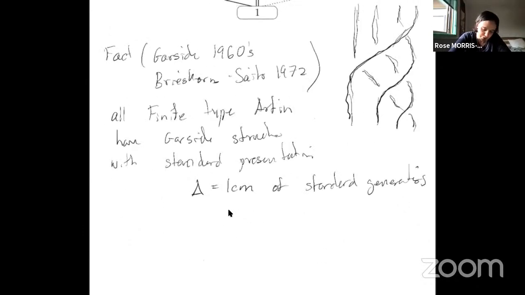And so one of the things that I was going to mention later, but we can mention now: there's also what's called the dual Garside structure, again just for finite type Artin groups.